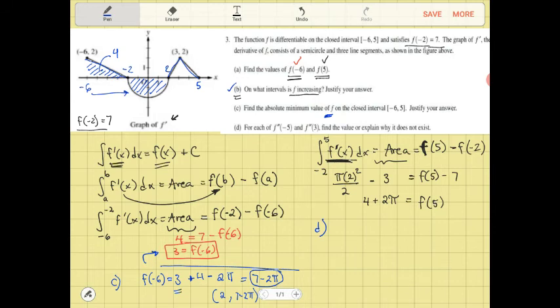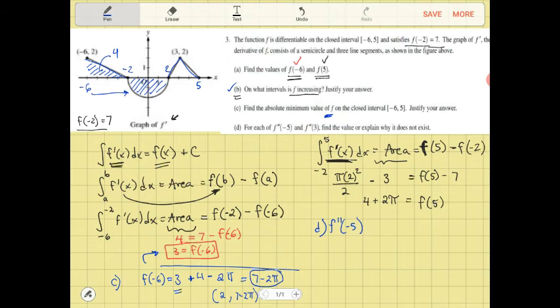So for part D, it's asking us to find the second derivative at 5, and then at 3. So you have to keep in mind that the second derivative is just the derivative of the first, okay, duh.